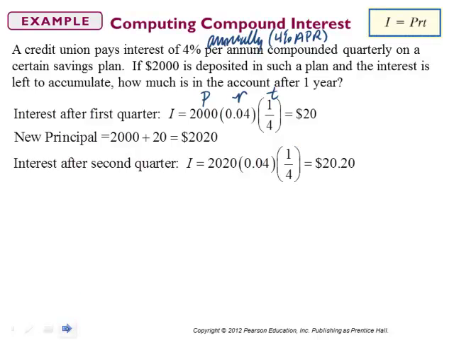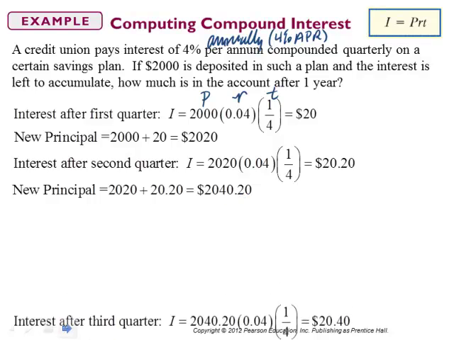All right, I'm going to go through this. So you add $20.20, which, by the way, is a little bit more than what was added last time because you had a bigger balance. So you add 20.20 to the existing principal to make this new principal of 2040.20, right?